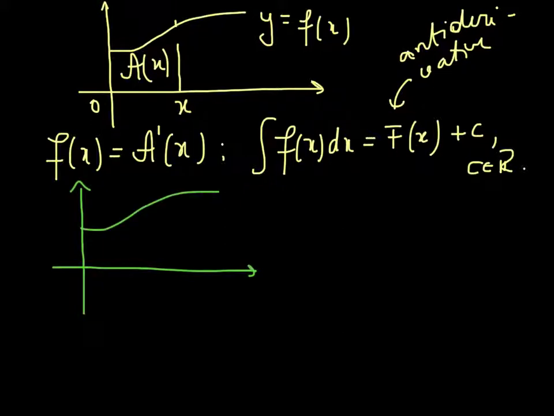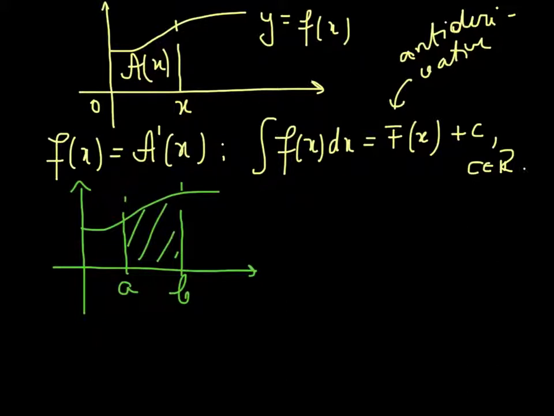Now, going back to my area, let's generalize. I don't want it just between 0 and x. Let me try to find the area between x equals a and x equals b. Then if a is 0, I will find the particular case above. So I want to find this area. This area can be found by calculating F of b plus c.